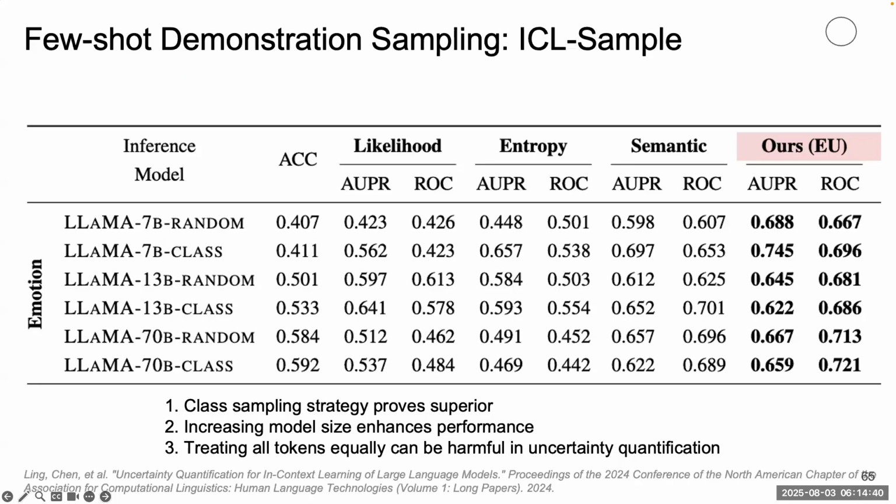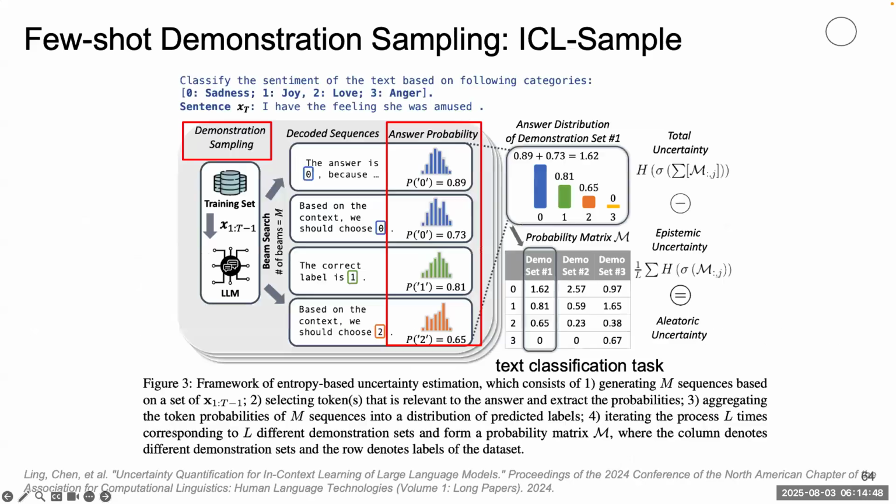And then for the class one, I'm not doing random sampling. I'm making sure that every choice is being sampled. So here they have four classes they want to classify.